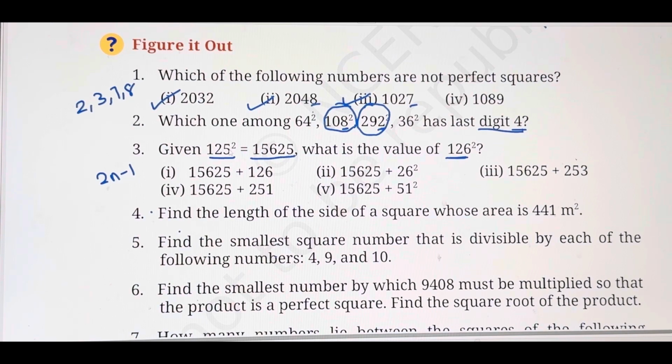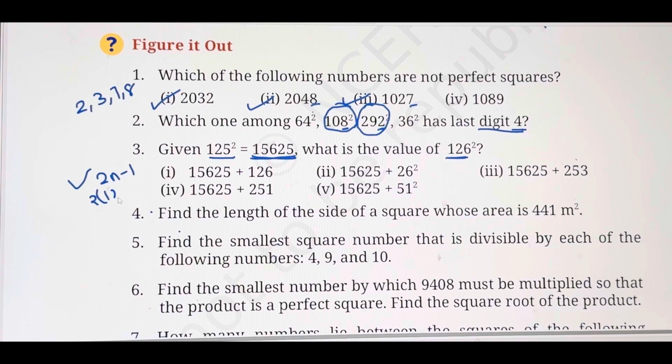Now the first 125 odd numbers are added and we get this number 15625. So if we find out which is the 126th odd number, then we can simply add that number over here and get the answer, right? So if you apply this formula, you need to remember 126.